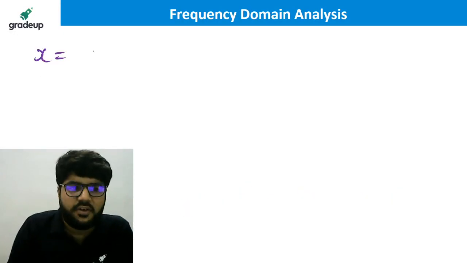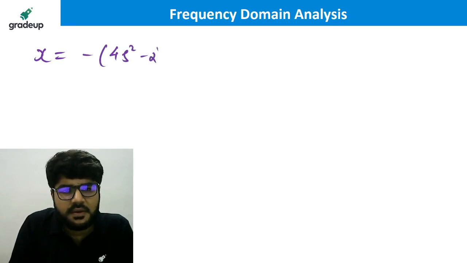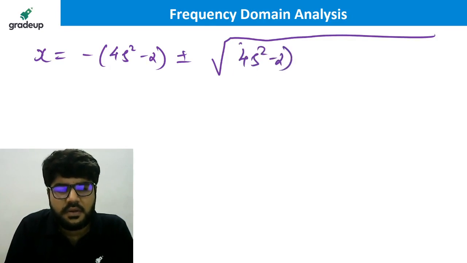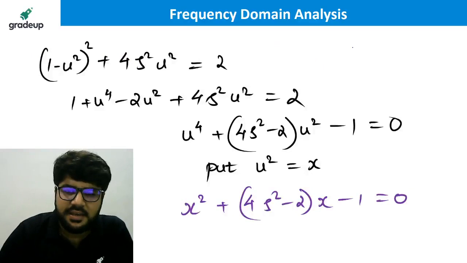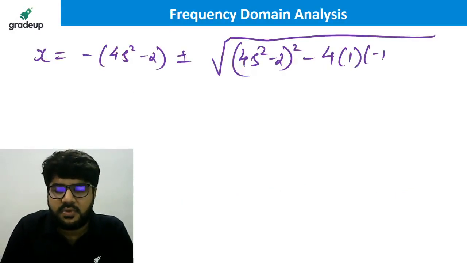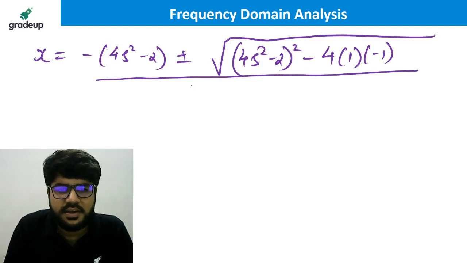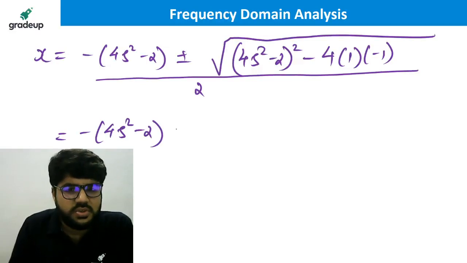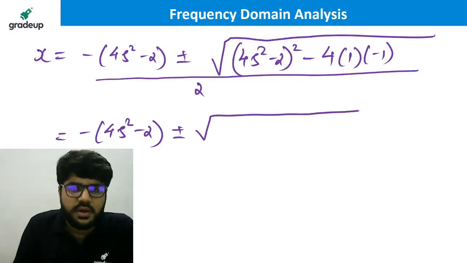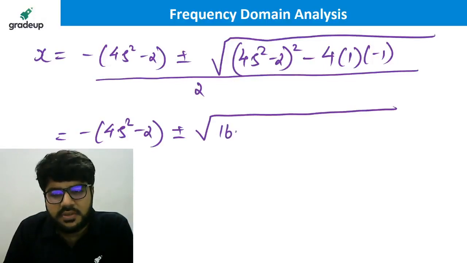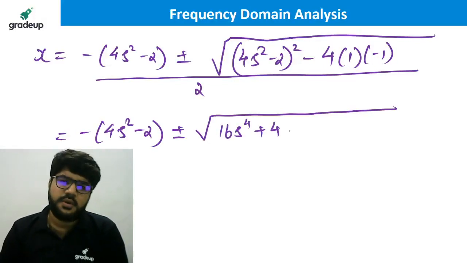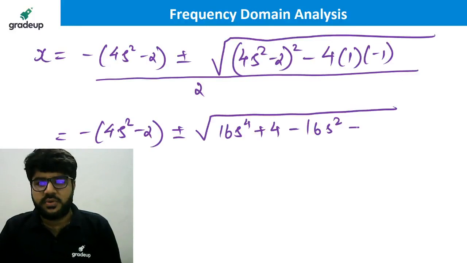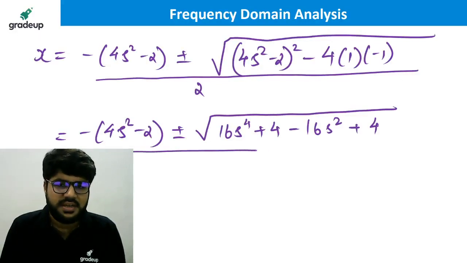x is equal to, by the quadratic formula, minus b plus minus under root of b square minus 4ac, where c is minus 1, whole divided by 2. That is equal to minus of (4 zeta square minus 2) plus minus root over, if I solve this, 16 zeta power 4 plus 4 minus 16 zeta square plus 4, divided by 2.